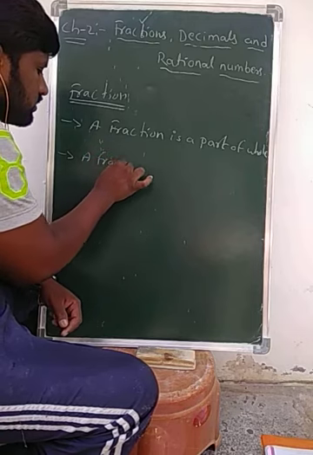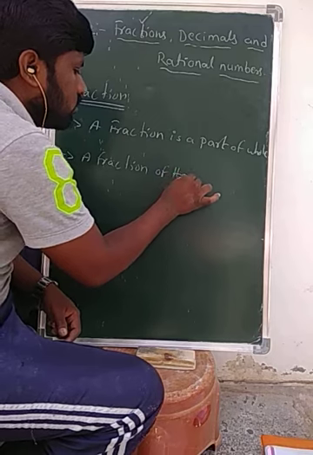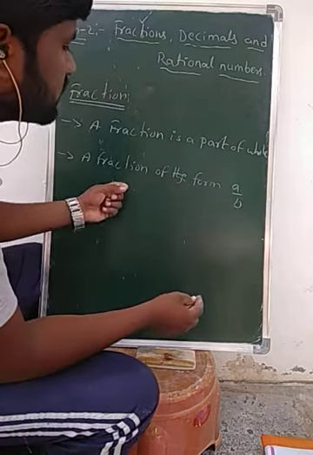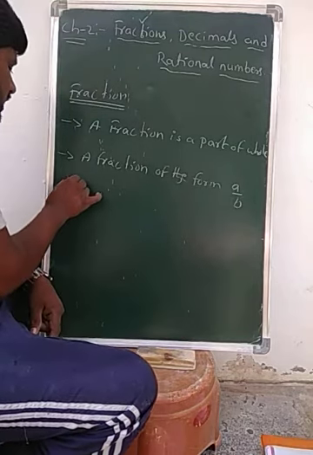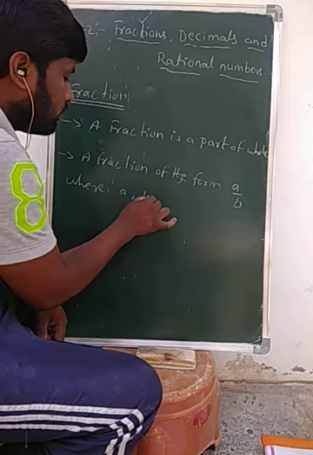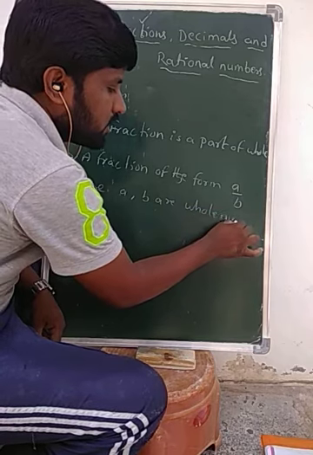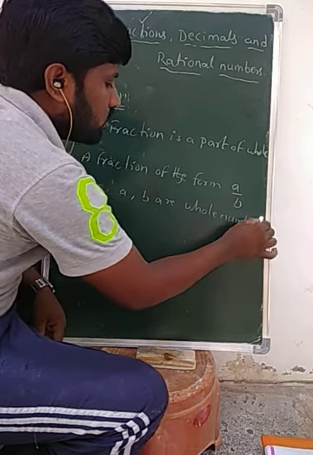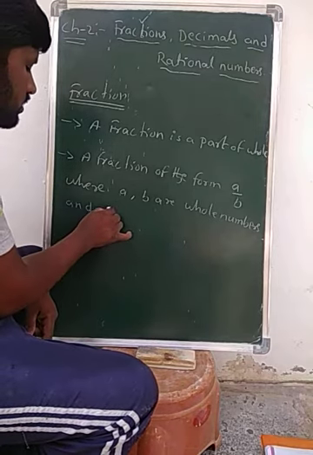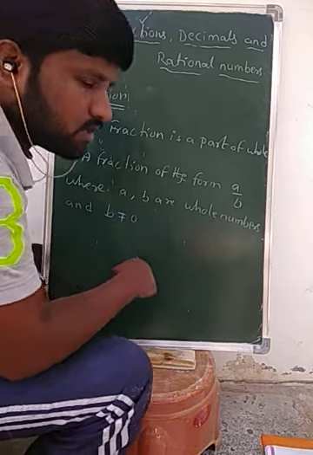A fraction is of the form a by b, where a, b are whole numbers, and b is not equal to 0.